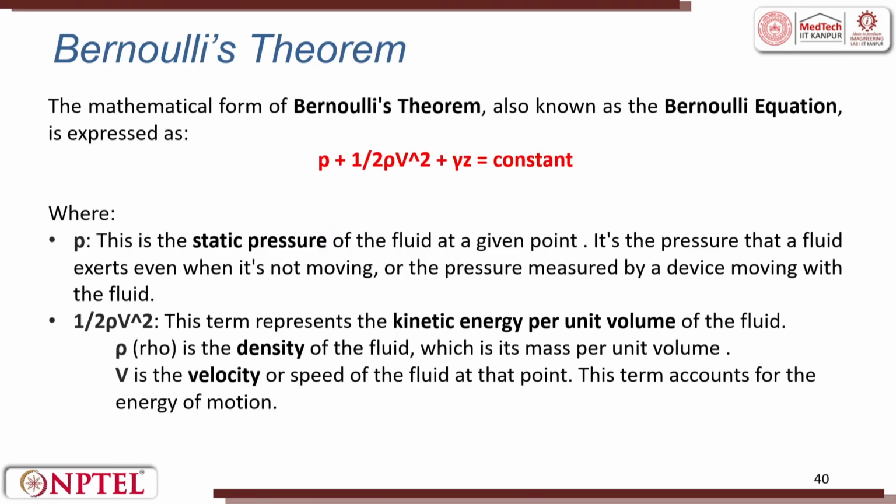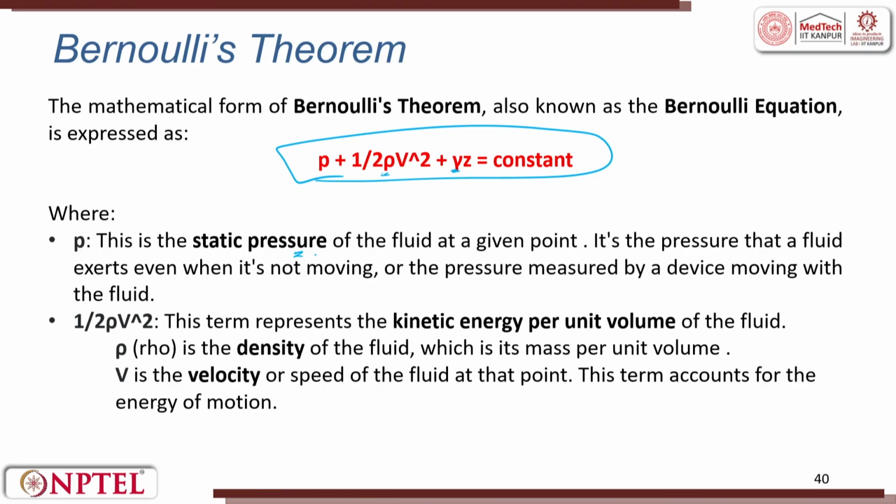So, the mathematical formulation of Bernoulli's theorem will be expressed this way: P plus half rho v square plus gamma z is equal to a constant, where P is the static pressure at any given point of time, rho is the density, v is the velocity, gamma is the specific weight, z is the height in the z direction.